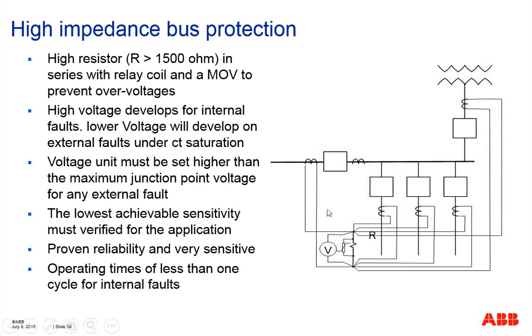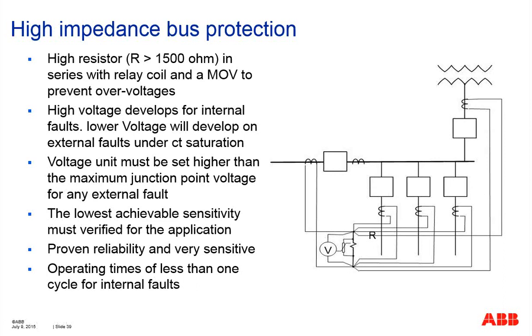The voltage units, because as I mentioned this is a voltage protection, must be set higher than the maximum junction point voltage for any external fault. So you have to assume that for any CT that's fully saturated, you calculate the resulting voltage across this branch, add a certain margin to it, and make sure your set point is higher than that.